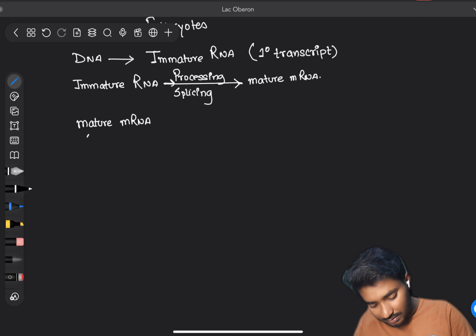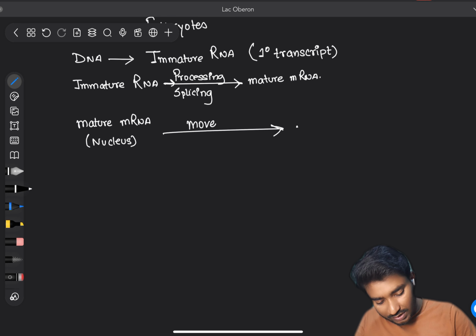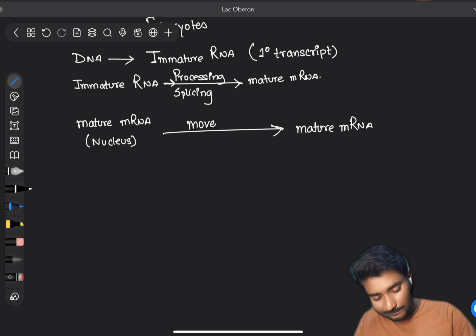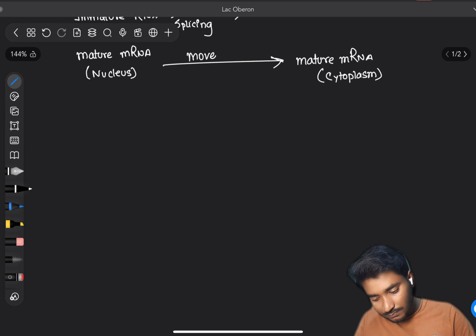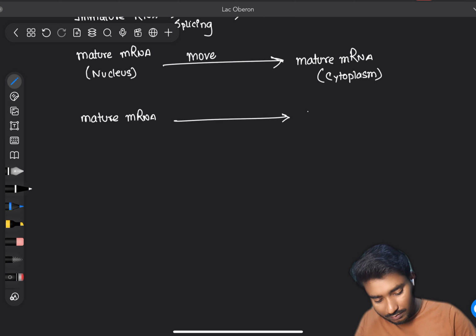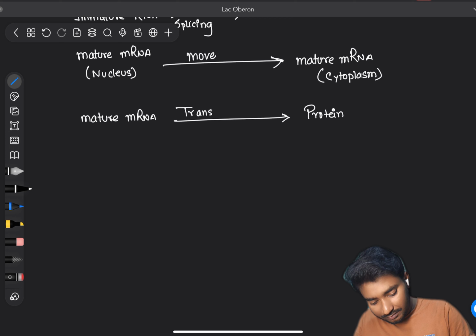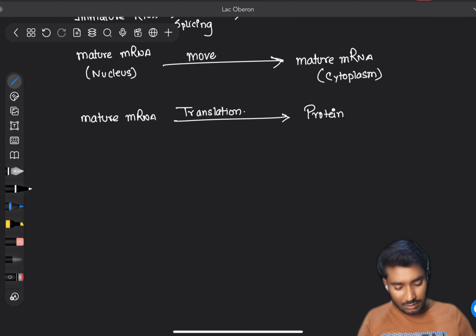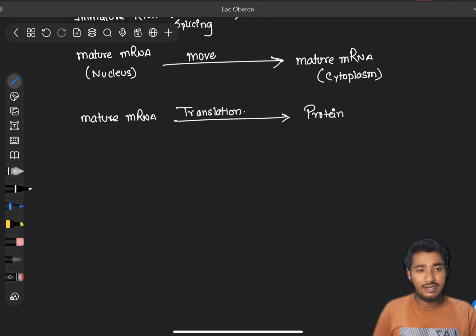Then the mature mRNA moves from the nucleus to the cytoplasm. Now the mature mRNA converts to protein. This is called translation. So mature mRNA is converted into protein and it is called translation.